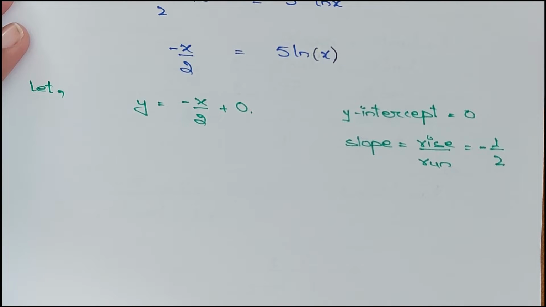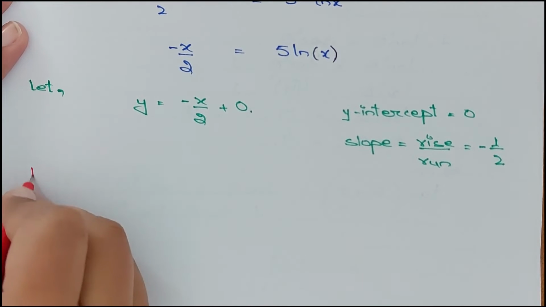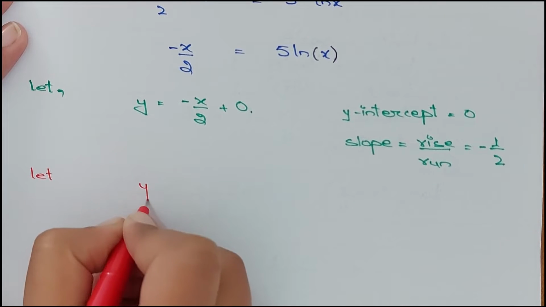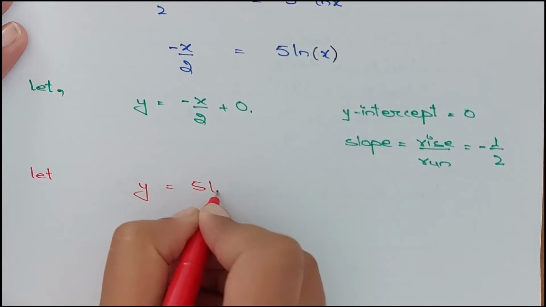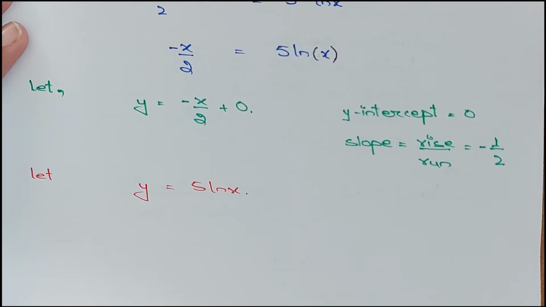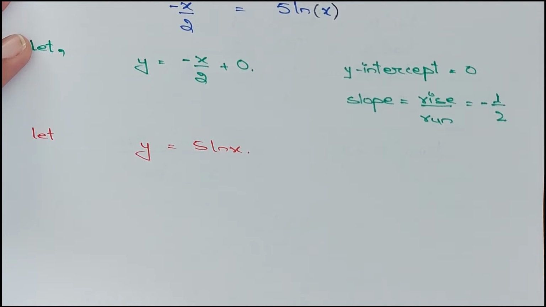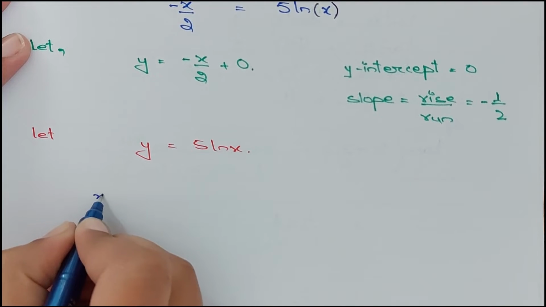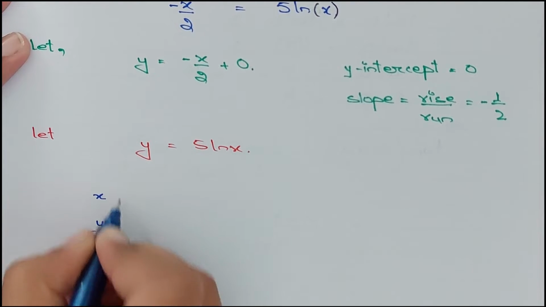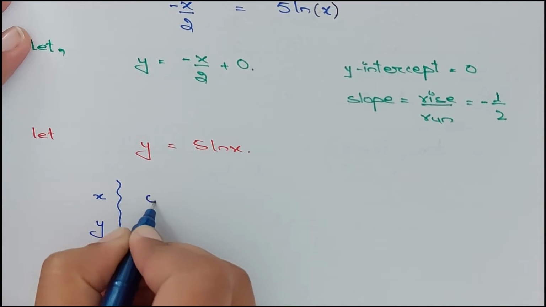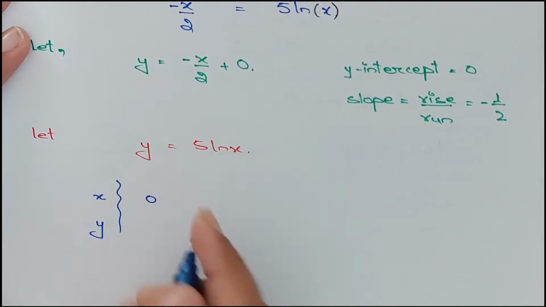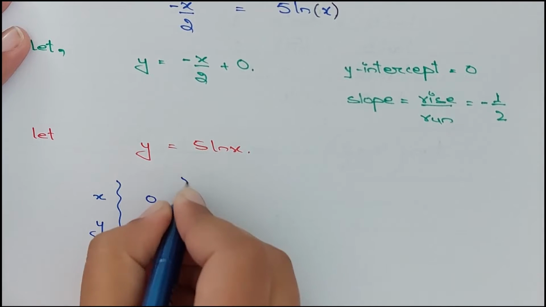Okay, now for the second graph, let us suppose a second function y equals 5 ln x, right? So we have to substitute different values of x. So if I say x, and what is y? When x is 0, ln of 0 is undefined.